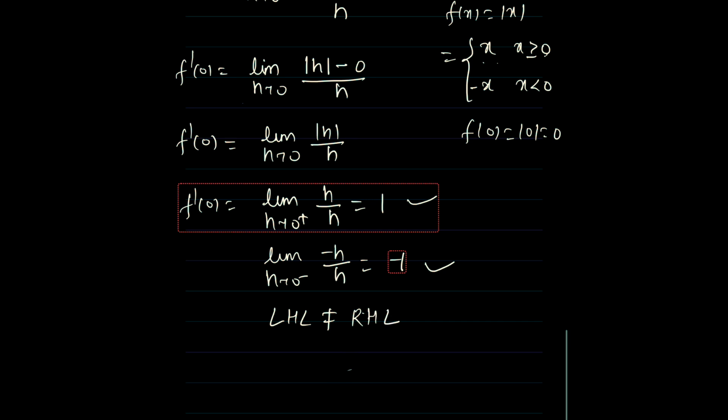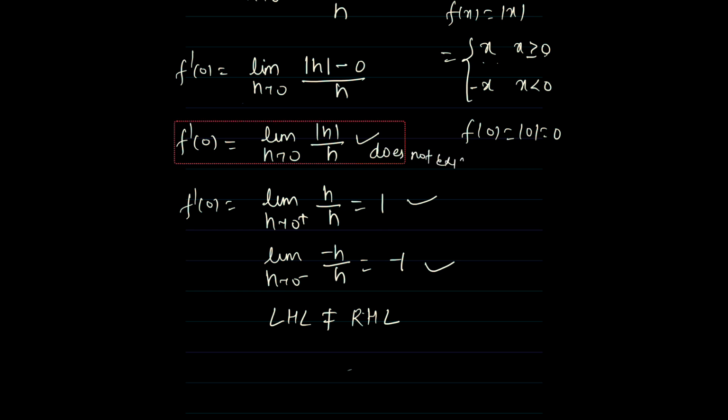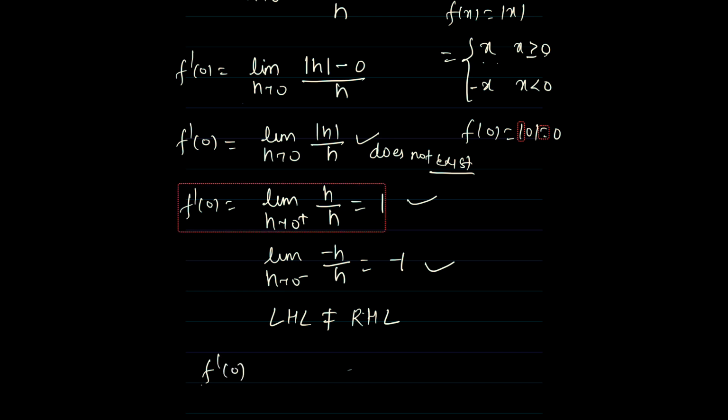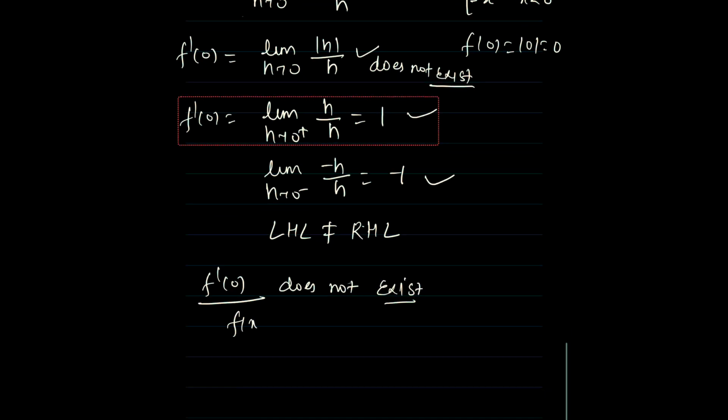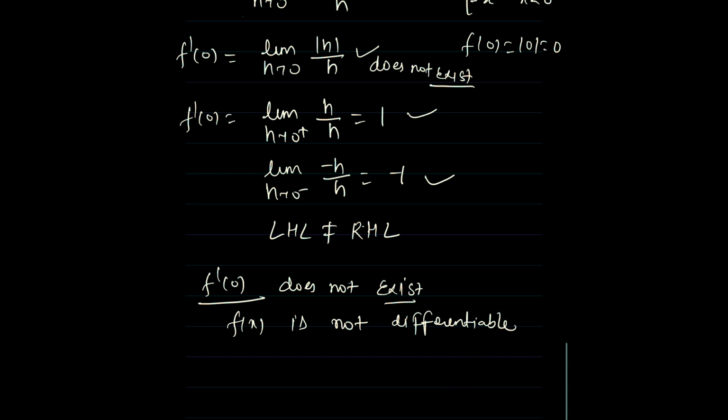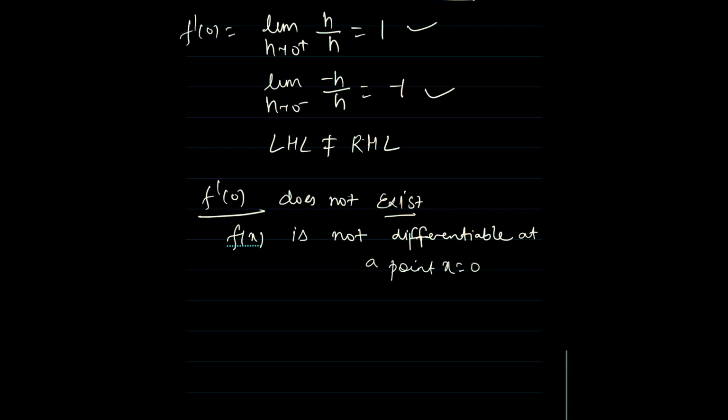So we can say that the limit of this function does not exist. That means f dash 0 does not exist, which means f of x is not differentiable at the point x equal to 0.